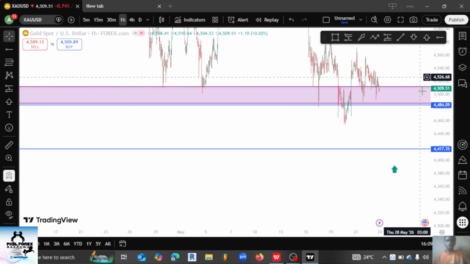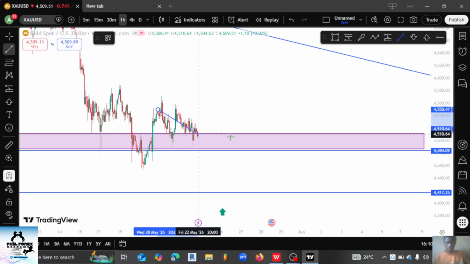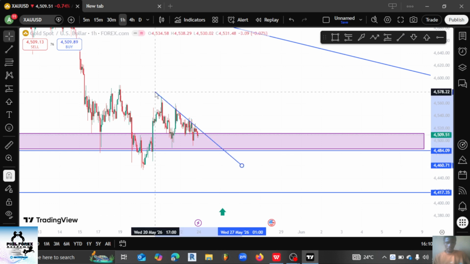Now from the 1 hour time frame, what do we see? You see this place is very strong and most definitely is going to hold. So what should happen? Draw your trend line from here. Yeah.